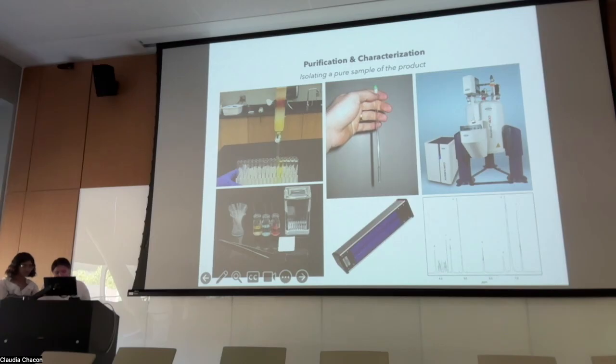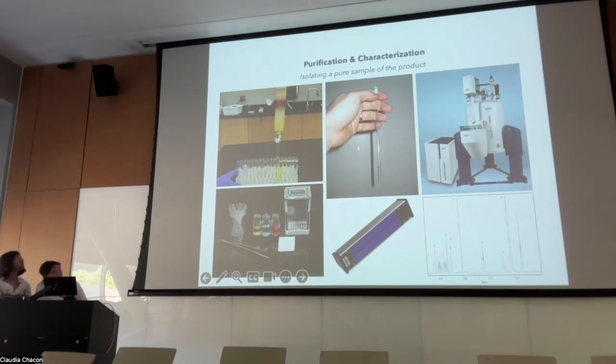And after you get your product, you have to see if you actually got the product that you want. Maybe you didn't make it. So one way that we test this is to use an NMR machine. An NMR machine is a tool we use to determine the structure of a molecule. The most common NMR to do is a proton NMR, which is a snapshot of all the protons in your molecule.